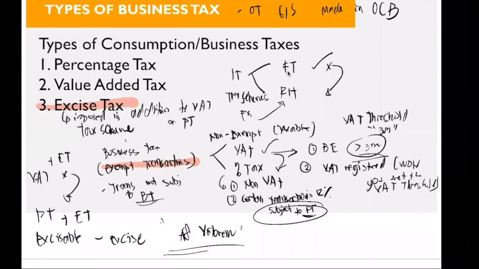If not, go to percentage tax. Okay? So as early as now, please know the tax scheme of your different consumption. So it can either be subject to VAT or percentage tax. Okay? How about excise tax? It is only imposed in addition to VAT or percentage tax. It is ad valorem.